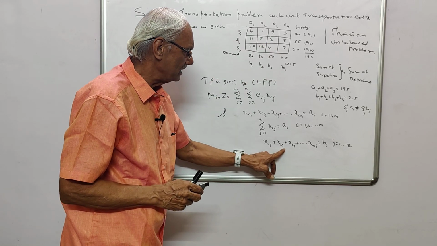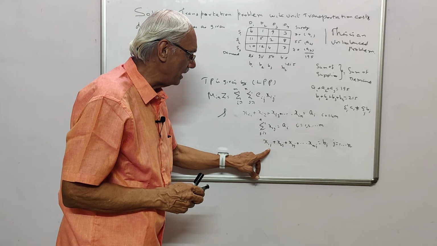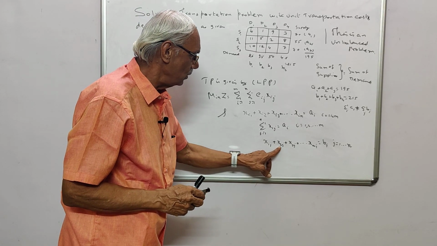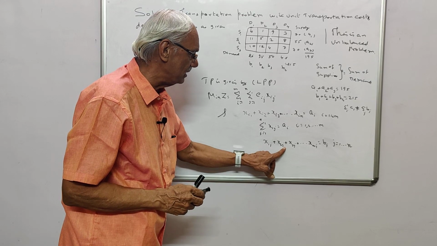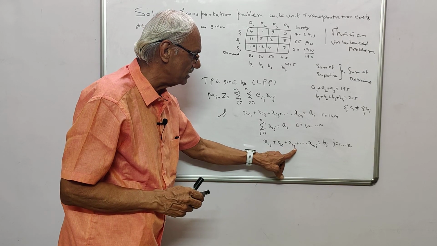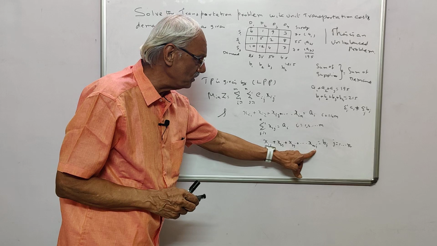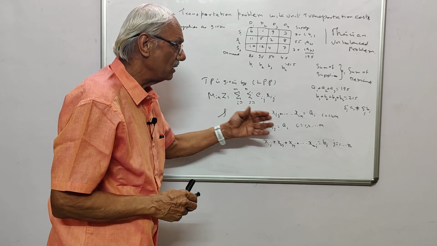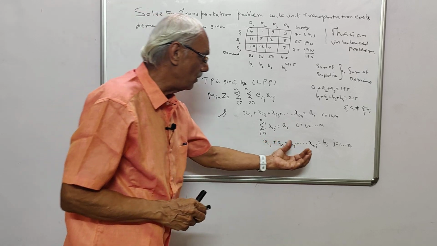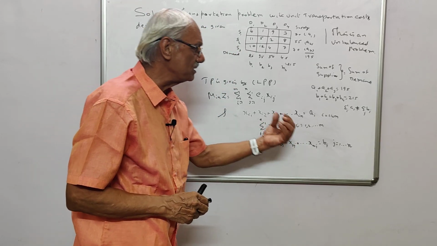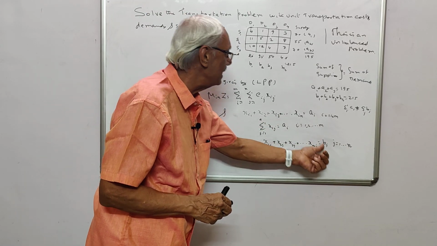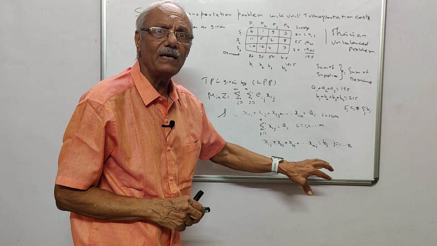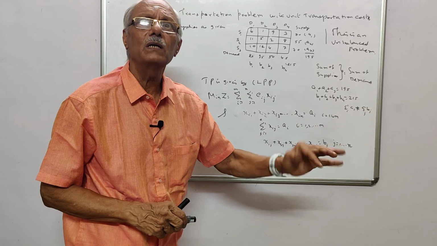Source 1 can supply to the jth destination, 2 can supply to the jth destination, 3 can supply to the jth destination. Likewise, the mth source can also supply to the jth destination. But you must know that the sum of all these must be equal to Bj, which is nothing but the demand of that particular destination.